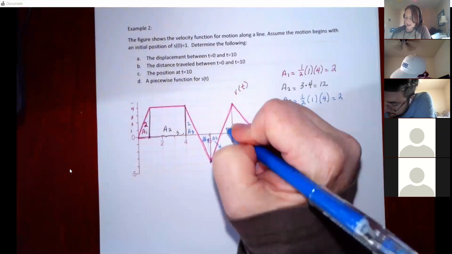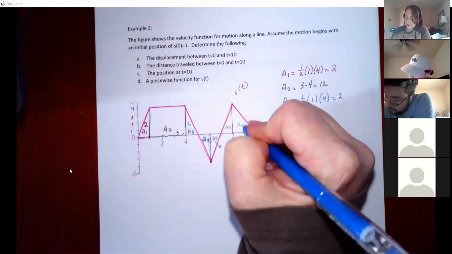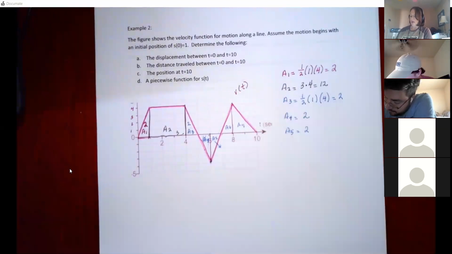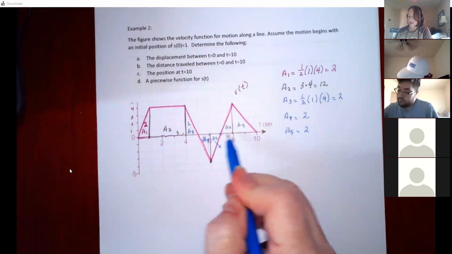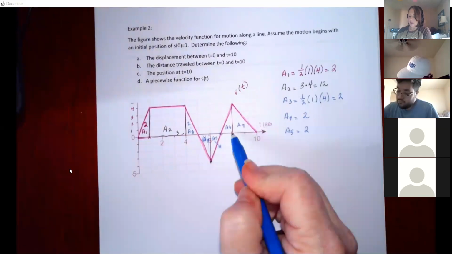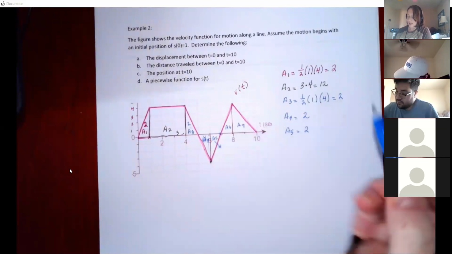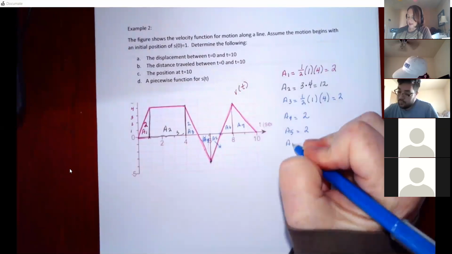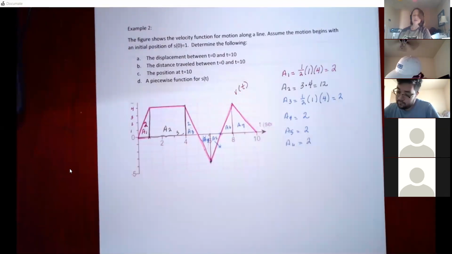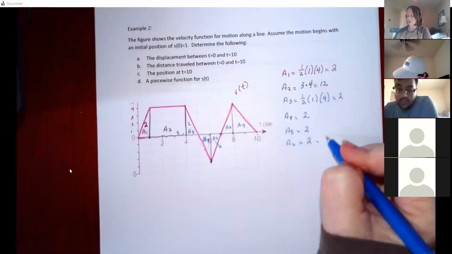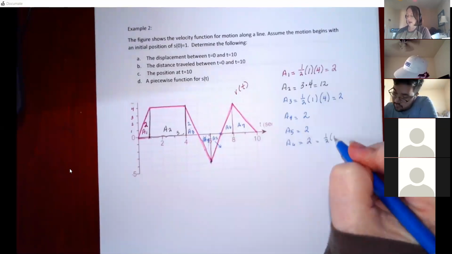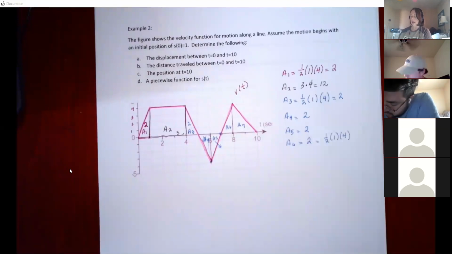If this is A6 and A7. All right. A6 goes from 7 to 8 horizontally and from 0 to 4 vertically. So A6 will also be 2 units because the triangle is 1/2 of a rectangle that's 1 by 4.